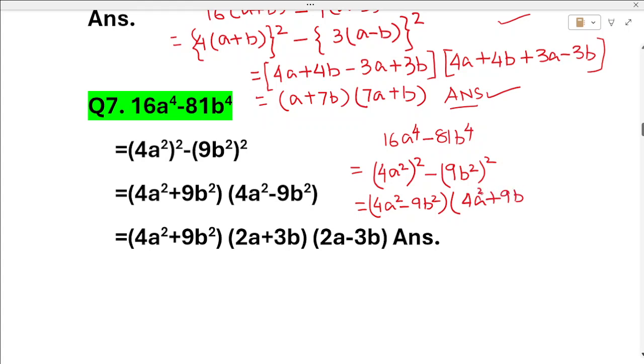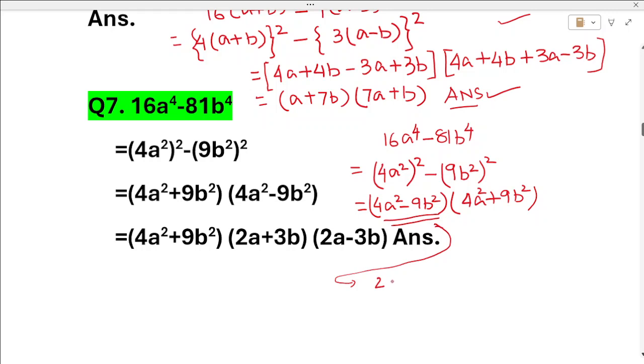Now see, this is again a square minus b square. Correct? So I'm bringing this here. I'm writing it directly.